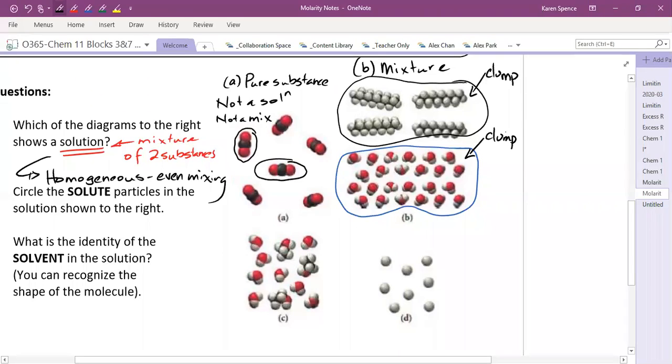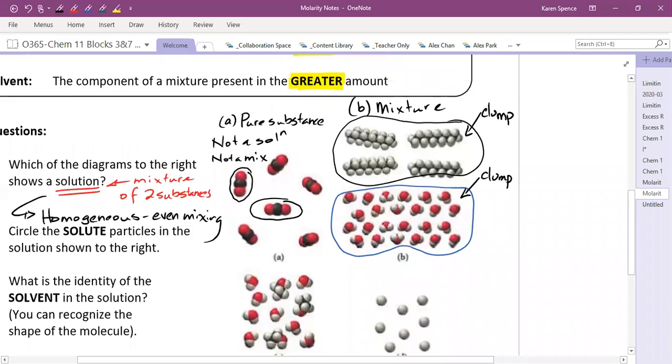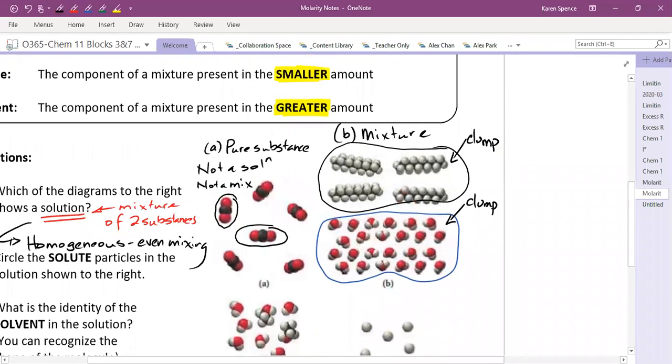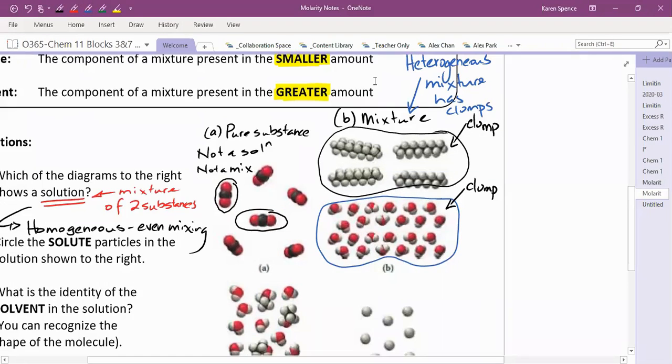And so that would not be a homogeneous mixture. That would be what we call a heterogeneous mixture. So a heterogeneous mixture has clumps. There's not even mixing of the two substances.